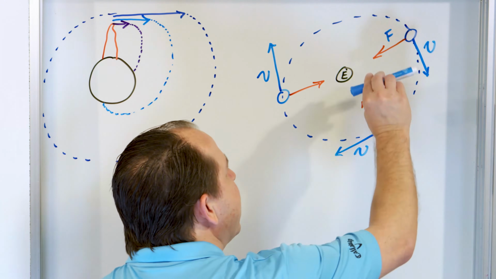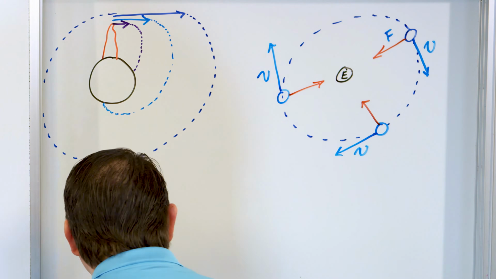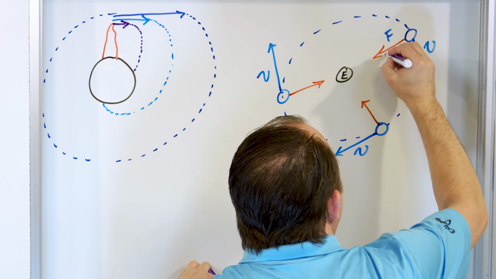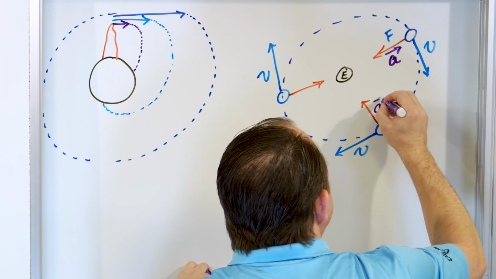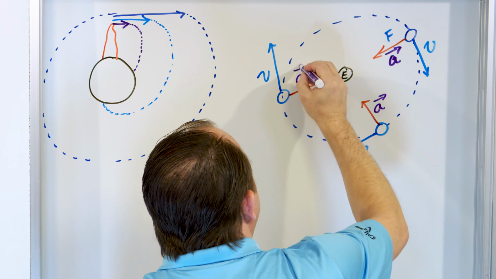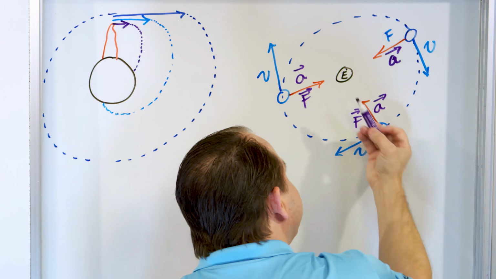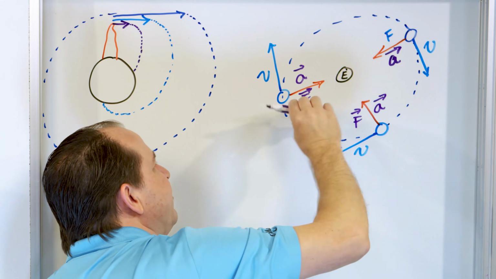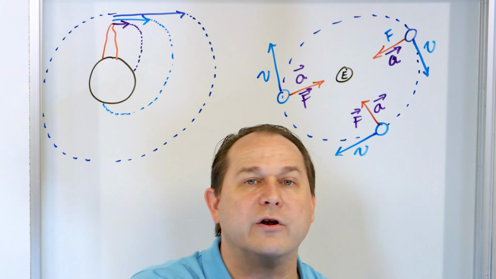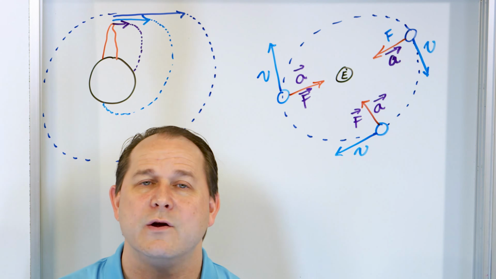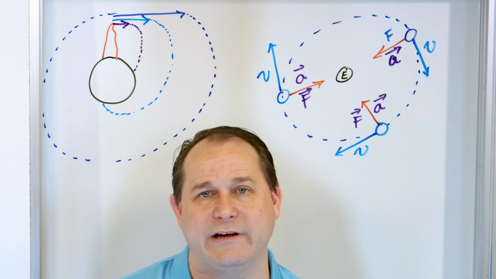So not only is there a force going in here, but there's actually an acceleration pointed to the center of this situation. And the acceleration is pointed in the same direction as the force. There's a force of gravity and there's also an acceleration pointed to the center. This is called centripetal acceleration. We're going to talk about it a lot later and we're going to calculate it.